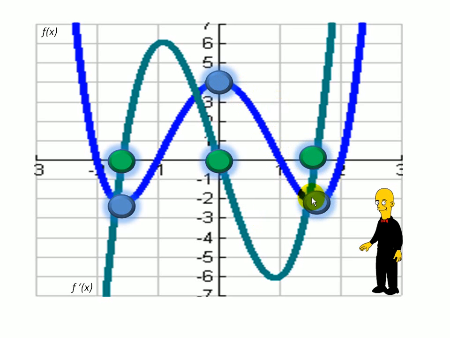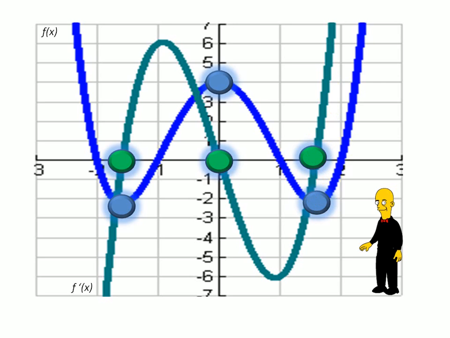And as long as we're decreasing, that corresponds to the derivative being below the axis. Here we end up, now the function is beginning to increase, and notice that corresponds to the derivative function being poised to be above the axis.